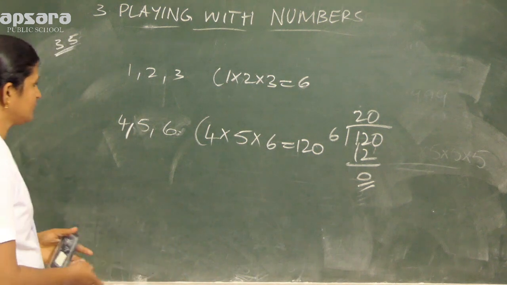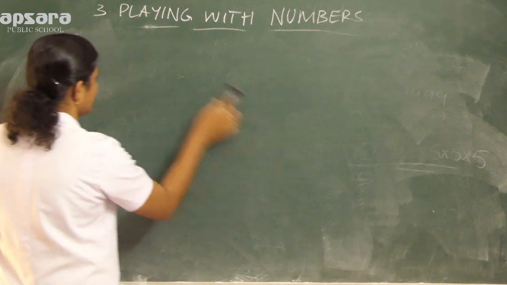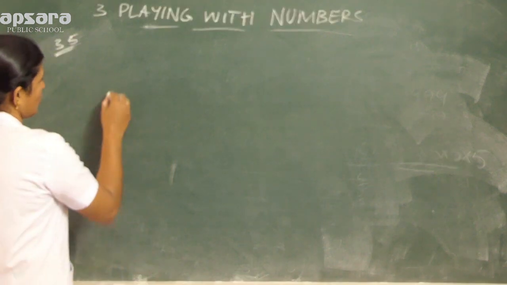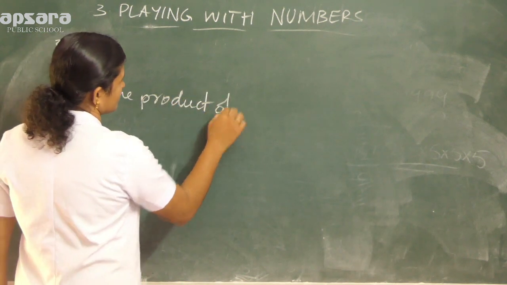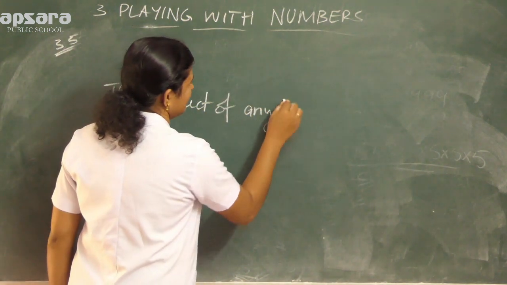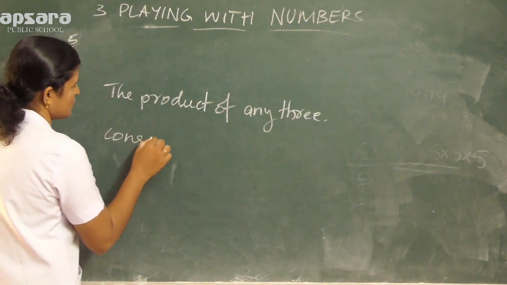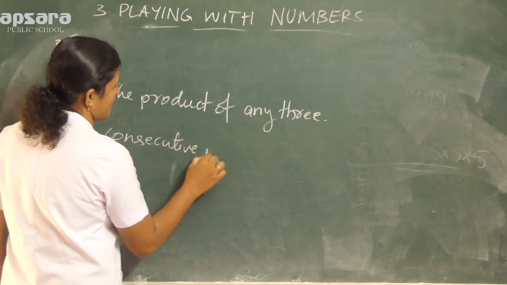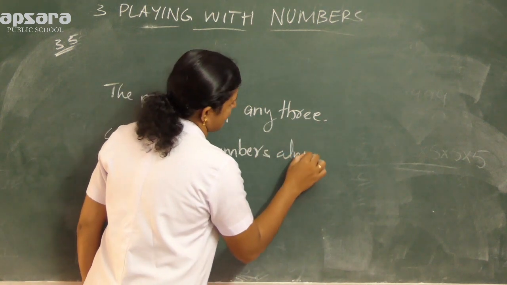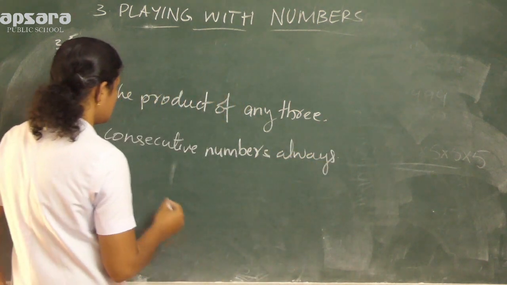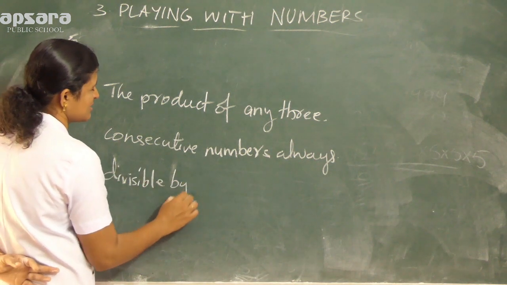Okay. So write down this answer. The product of any three consecutive numbers is always divisible by 6.